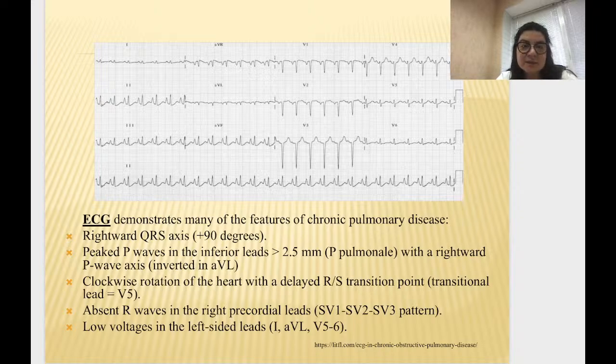Those who are interested, please pause the video on this ECG and try to analyze all these signs for yourself. It is a classical clinical picture of cor pulmonale and other changes typical for COPD.